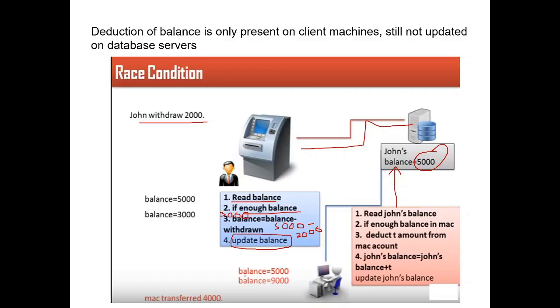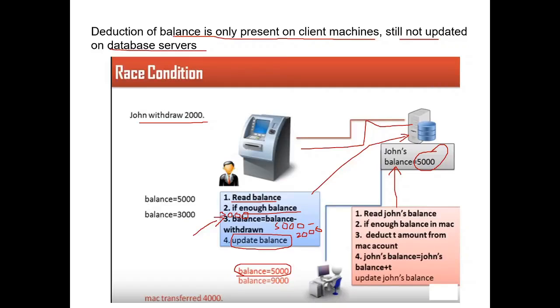So whatever deduction of balance has happened is only present on the client machine and still not updated on the database server. That 3,000 is still available on the client machine and still has to be updated on the database server. But before updating on the database server, the Mac process has interrupted and read the value 5,000.